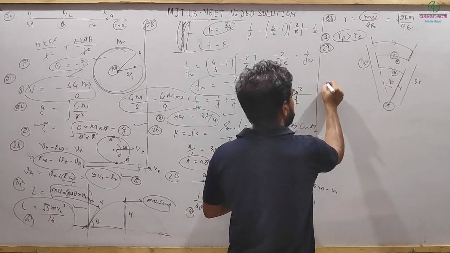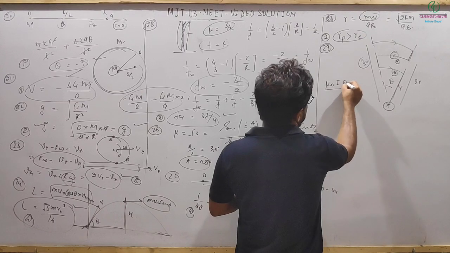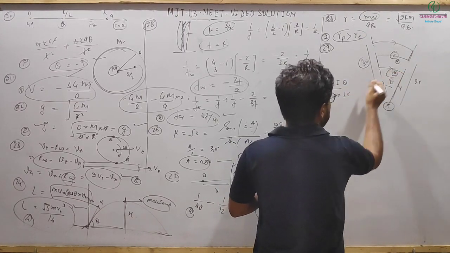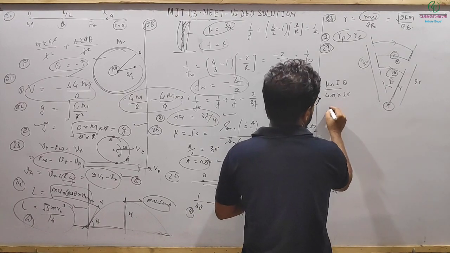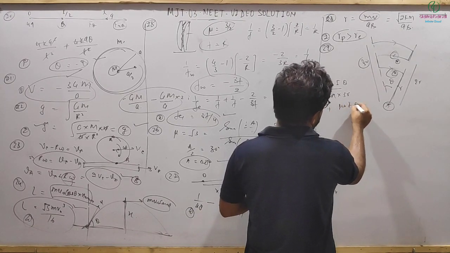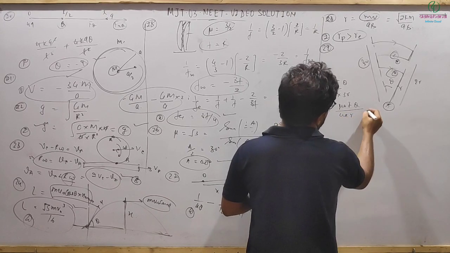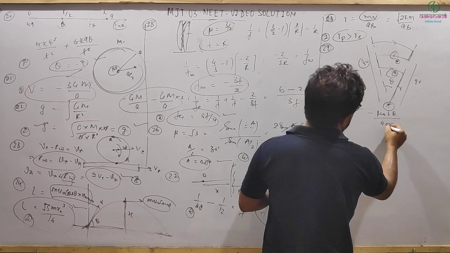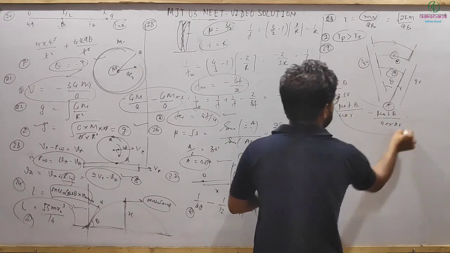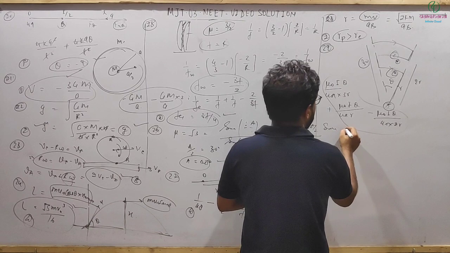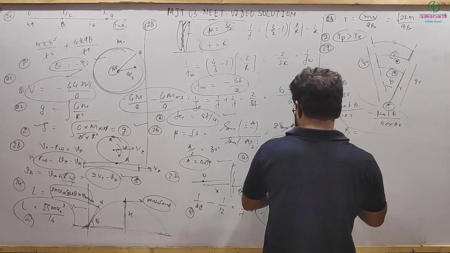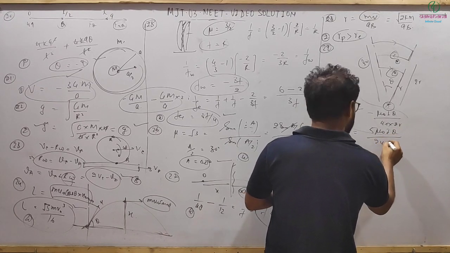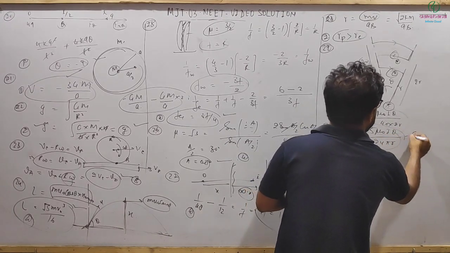So net magnetic field is mu naught into I into theta divided by 4 pi into 3R, plus, let me add both inward, mu naught I theta divided by 4 pi R, minus mu naught into I into theta divided by 4 pi into 2R. Solving it, we are getting B is equal to 5 mu naught I theta divided by 24 pi R. This is the answer, matching with option number 1.